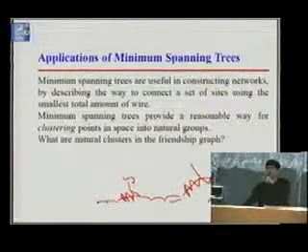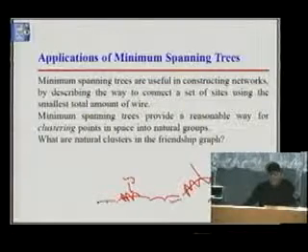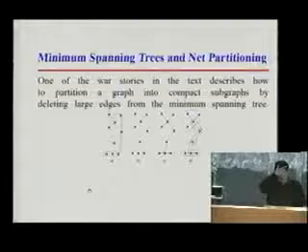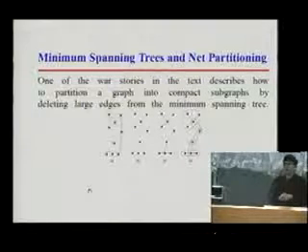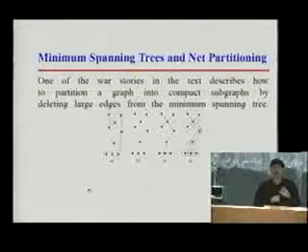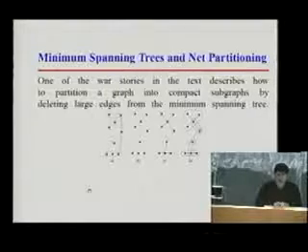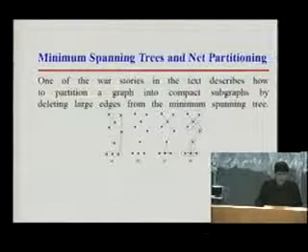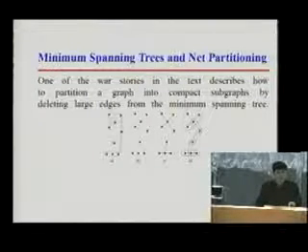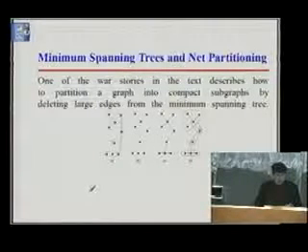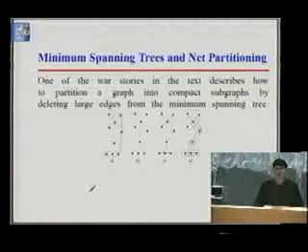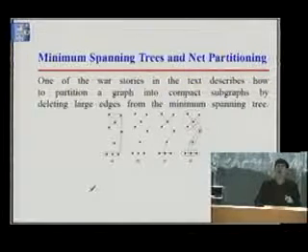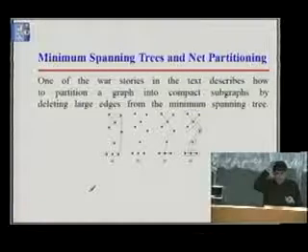Okay, any questions? Okay, so algorithmically, there's a bunch of things you do with minimum spanning trees that are interesting. One of the war stories in the book describes where I actually had to find a minimum spanning tree, sort of to do clustering. There was a company that contacted me. They have a printed circuit board tester. It was this robot that moved around, but it had two testing arms and it was pretty complicated.